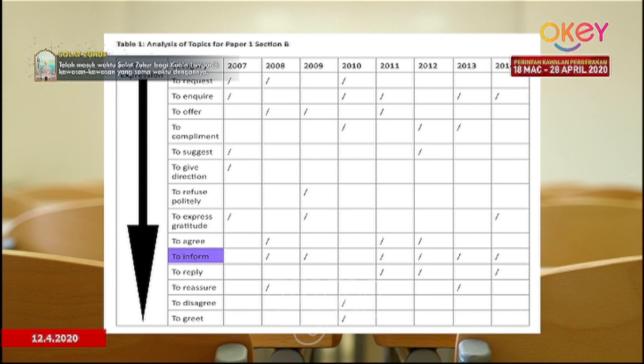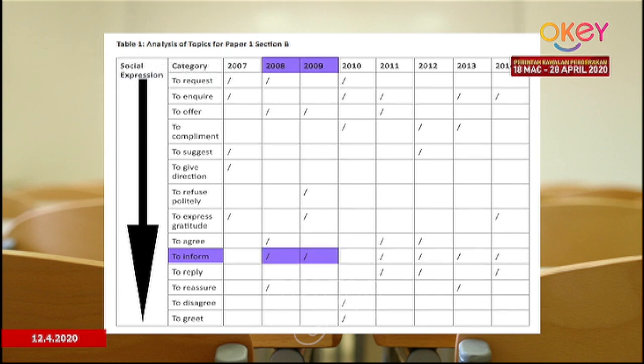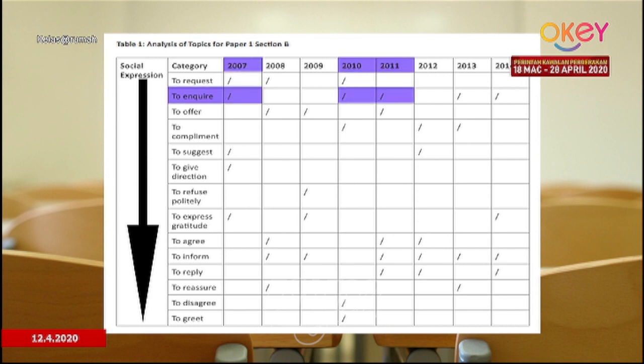This social expression had appeared 6 times in 2008, 2009, 2011, 2012, 2013, and 2014. The social expression to inquire is also frequently asked. This had appeared 5 times in 2007, 2010, 2011, 2013, and 2000.